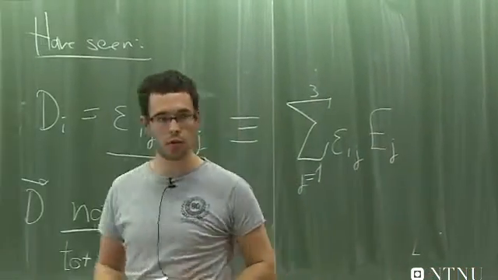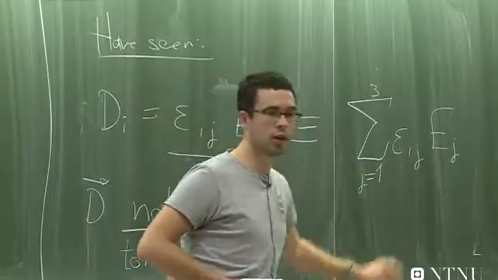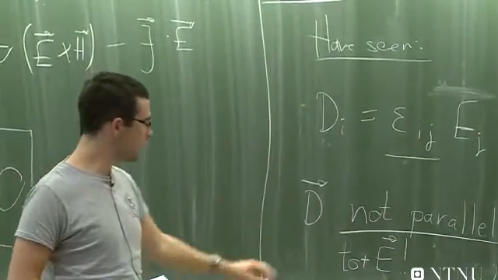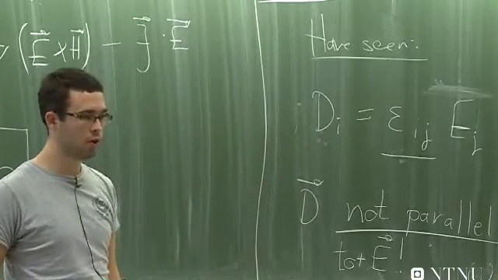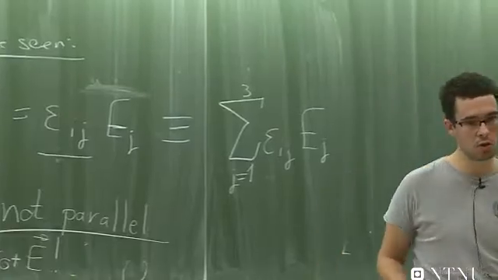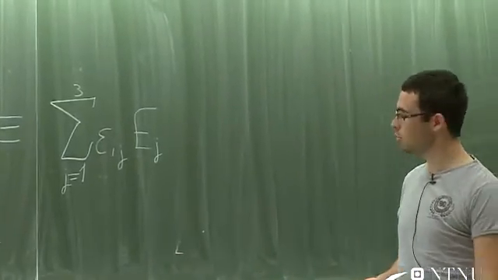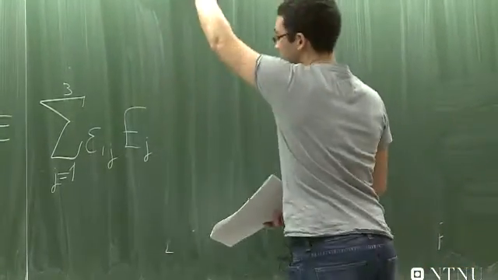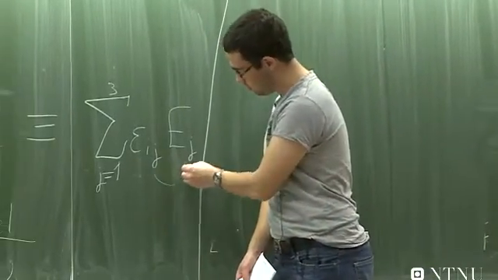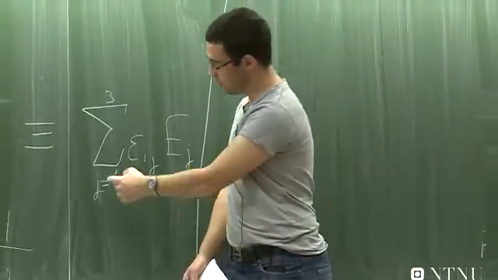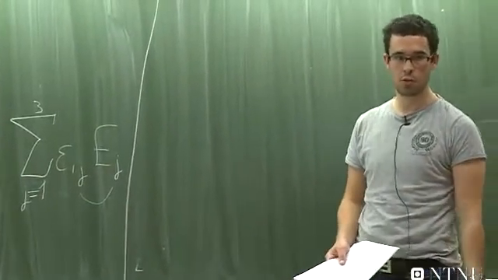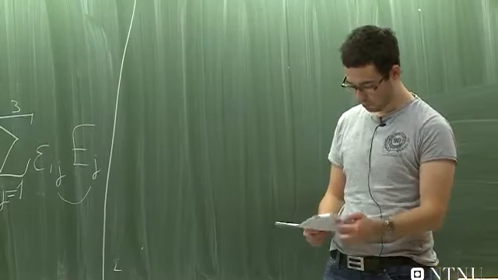As you can see again, each component of the E field can in principle contribute to the D field, meaning that the D field is not necessarily parallel to the E field. And I'm going to use the Einstein summation convention all the time from now on, so you better get used to it. So if you see two repeated indices, then there's a summation symbol in front. It's just that I don't bother writing it because there's always going to be one.